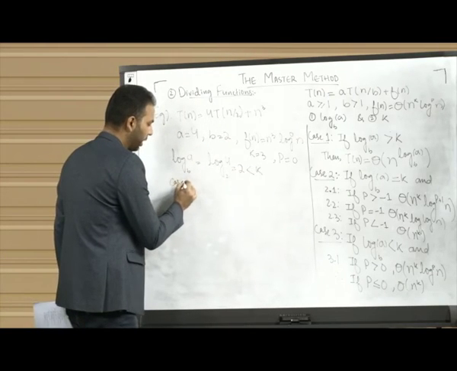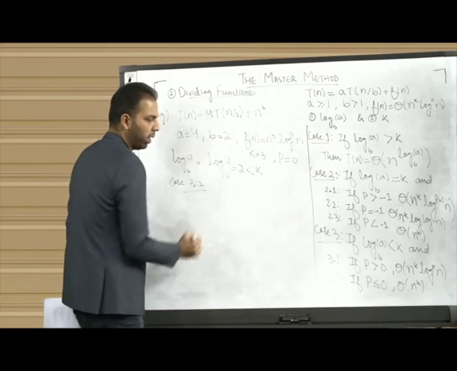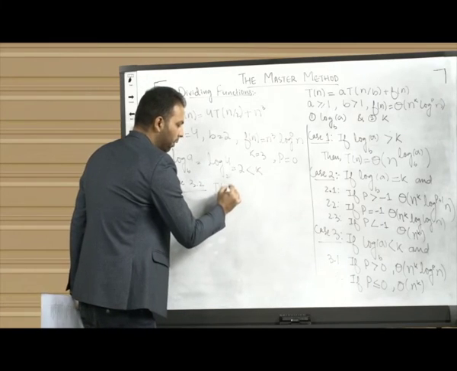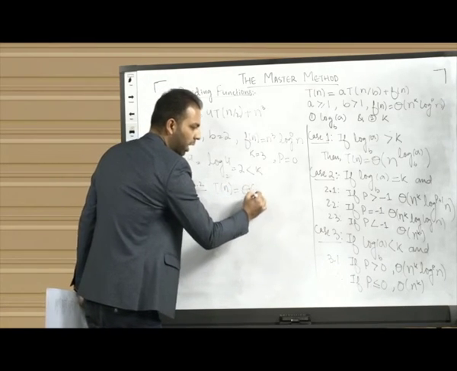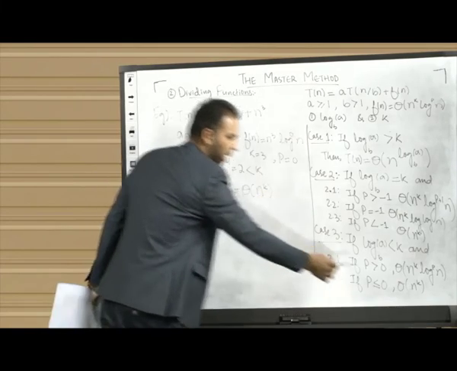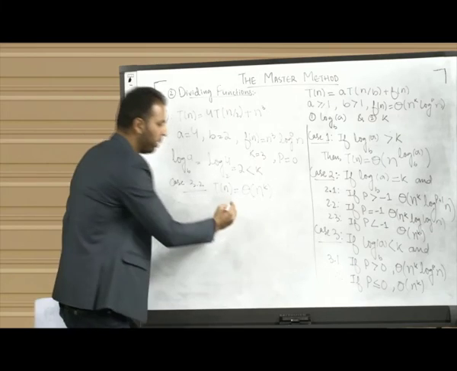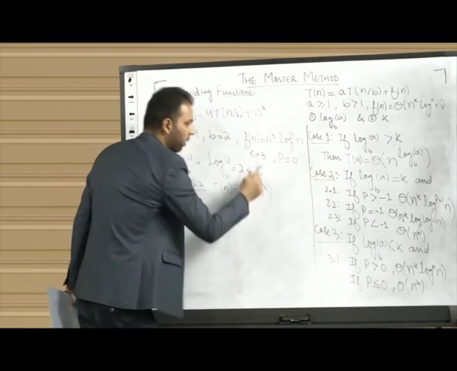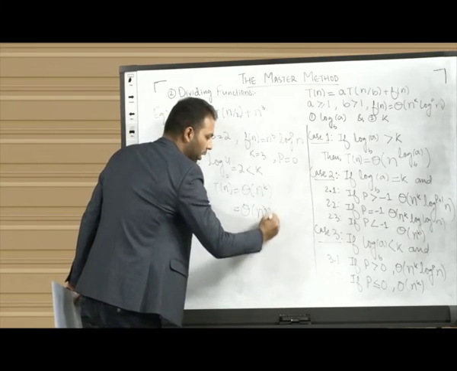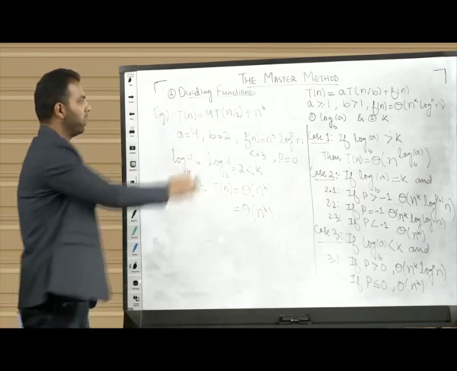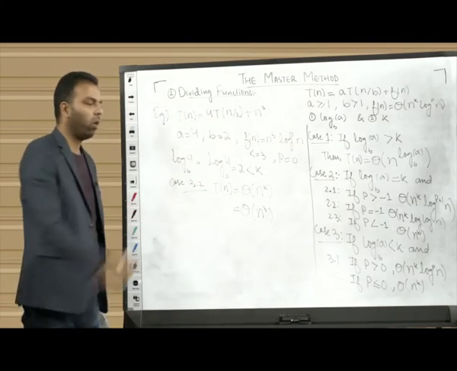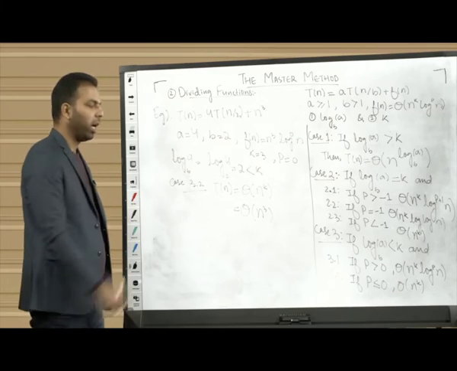In case 3.2, T(n) will be of the order theta n raised to the power k, and k is 3, so it is n cube. So this recurrence is of the order theta n cube.